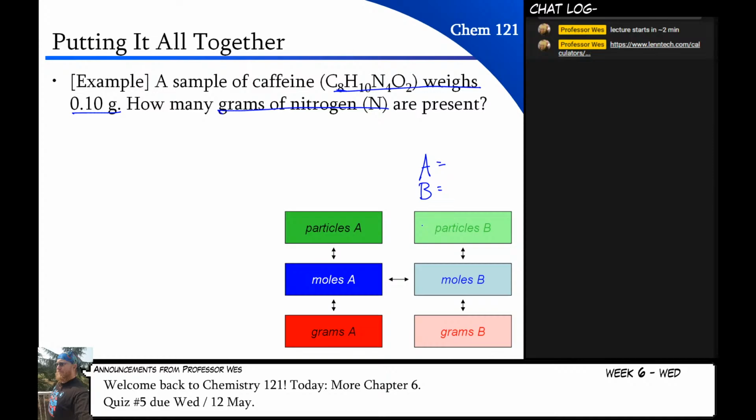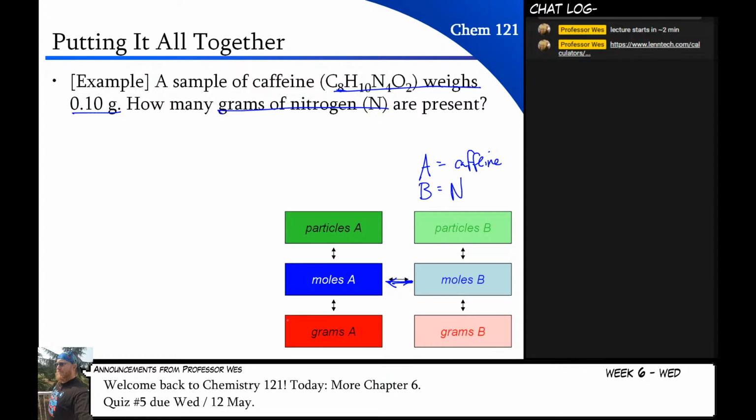So, of the things I gave you, the first thing I gave you was caffeine. The second thing I gave you was nitrogen. They're not the same, so I am going to go across this mole to mole connection. Then I just have to figure out where I'm starting or where I'm going.